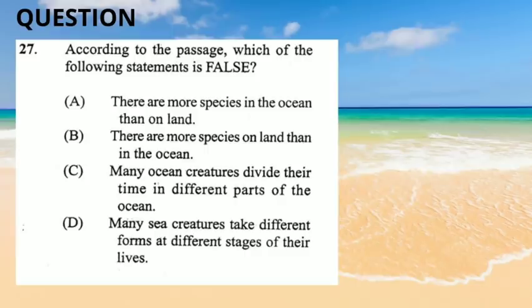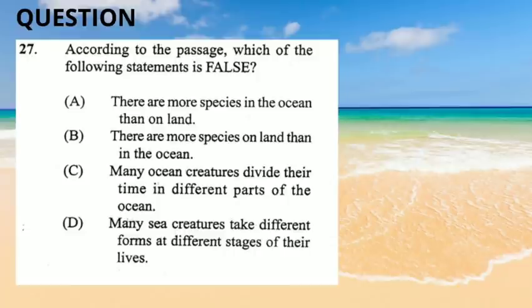Question 27. According to the passage, which of the following statements is false? Is it A. There are more species in the ocean than on land, B. There are more species on land than in the ocean, C. Many ocean creatures divide their time in different parts of the ocean, or D. Many sea creatures take different forms at different stages of their lives?